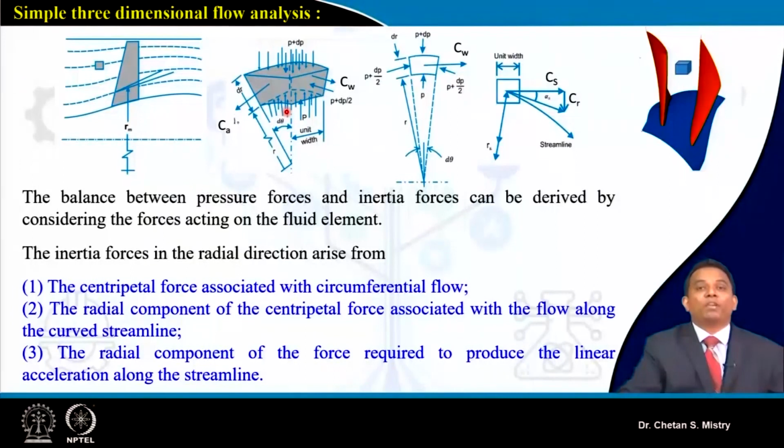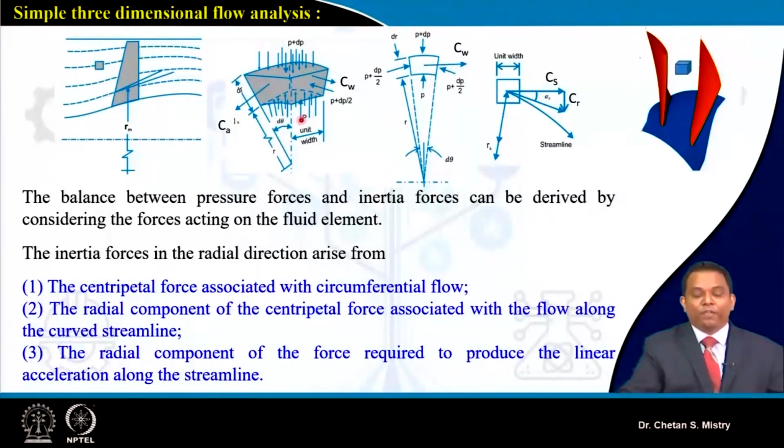If I put in the pressure, my pressure acts from the downside as P, and from the upper side as P plus dP. Now, if you look carefully, this direction represents my flow direction, the axial velocity. And this circumferential direction represents my whirl component.